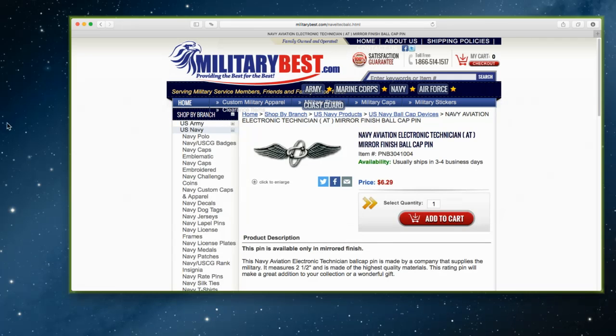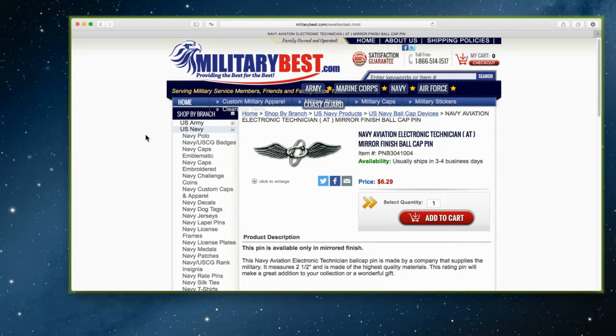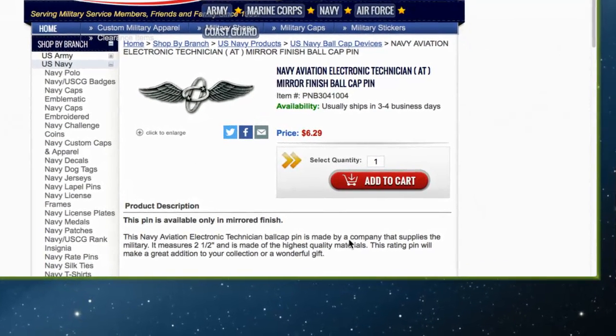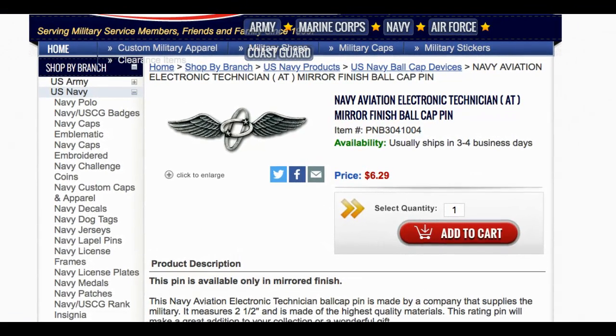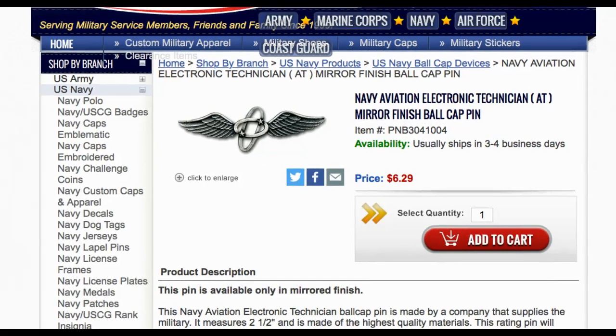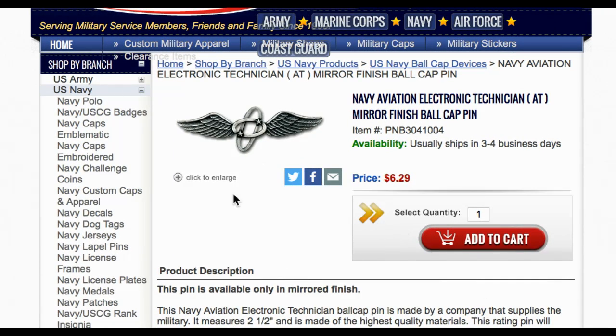This is from a website called militarybest.com, and they have military insignia. I just happened to notice when I was looking through some icons in search in Google that this icon, this shape turned up. And I thought that was quite interesting. This is for the Navy Aviation. Seems like a contradiction in terms in itself, but Navy Aviation Electronic Technician. It's a ball cap pin.